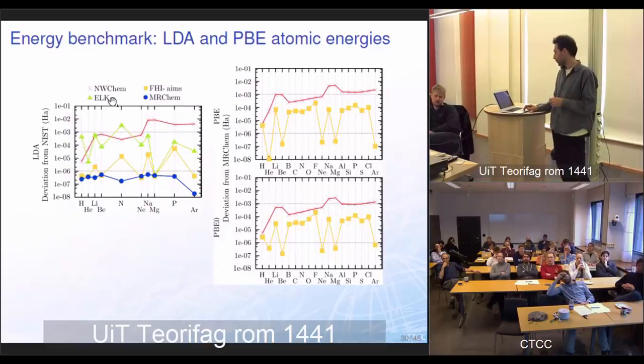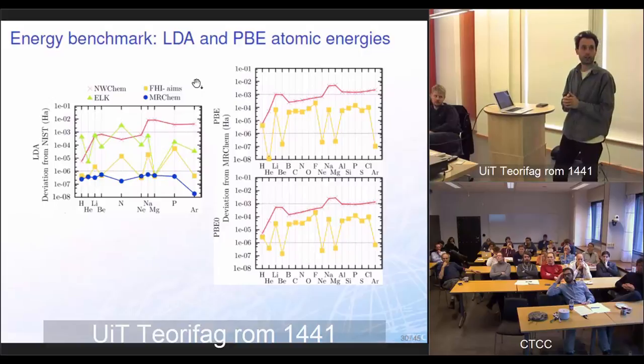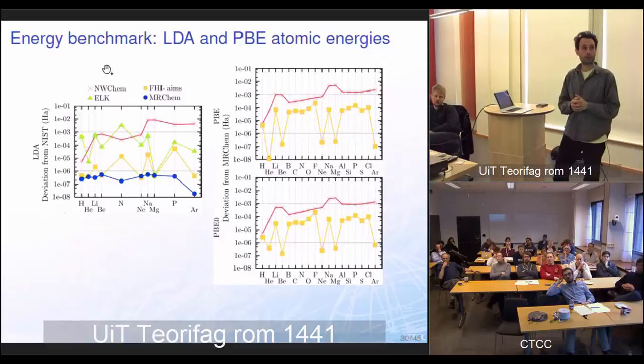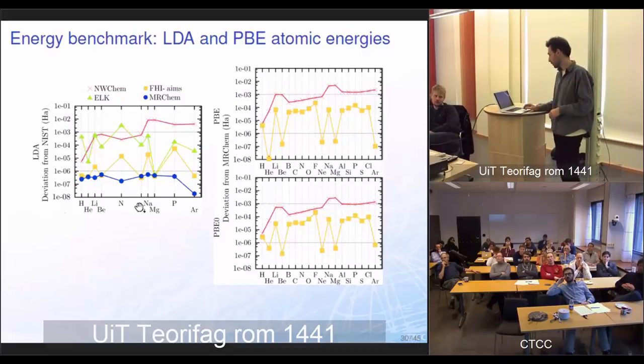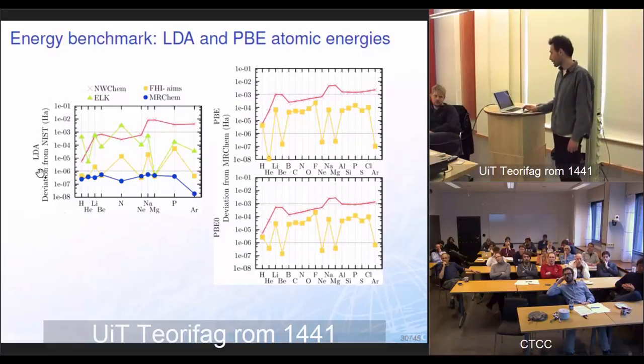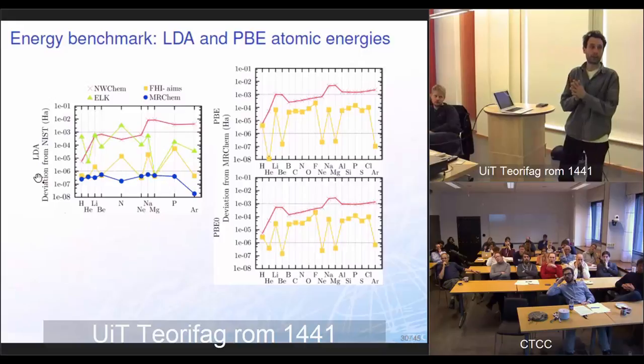Then, as a comparison, we have an augmented plane wave code, ELK, a numerical atomic orbital code, FHI-aims, and a standard Gaussian type orbital code, in this case NWChem. What you see in the graph is the error, or the difference, with respect to the NIST standards, which are numerical standards for these atoms.